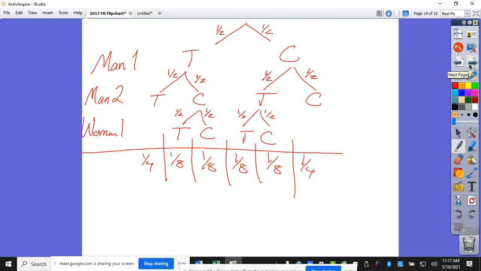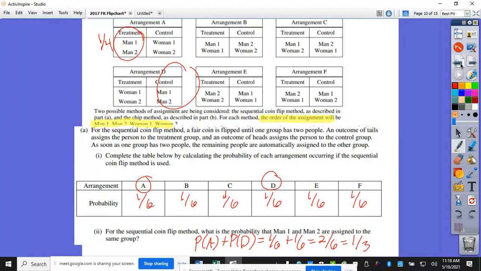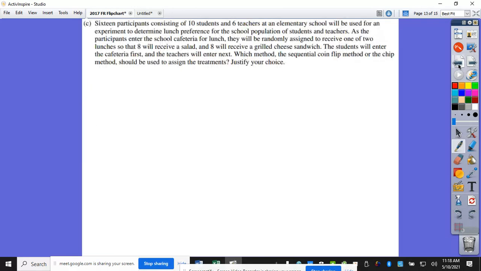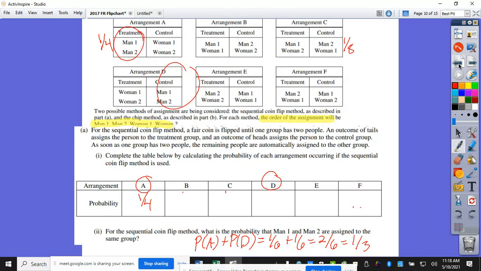Or I can look at this. My control was man 2, woman 1. That was 1/8, and then it's easier when you have it on the same paper. But do you see how then I would just go and associate these? So it ends up being 1/4. My other 1/4 is both of the men in control. This is D, and all the other ones are 1/8.